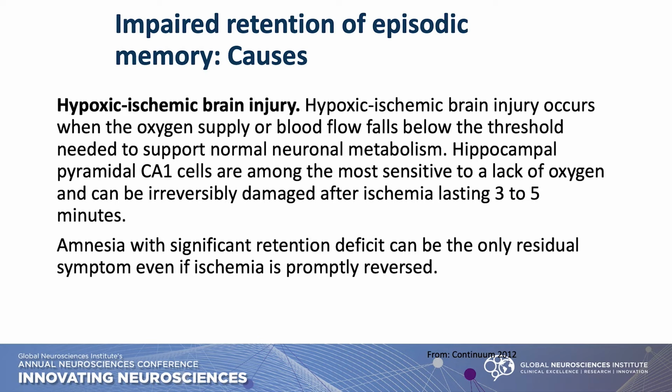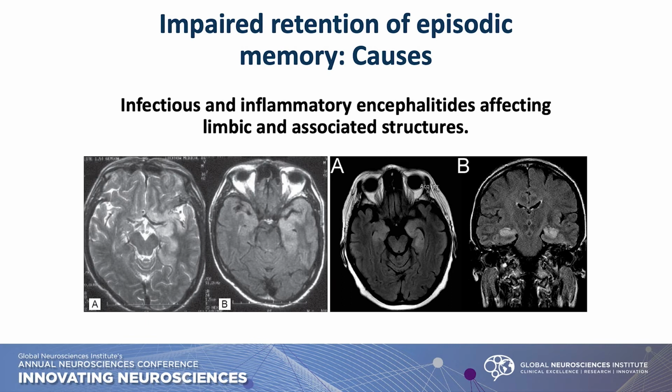There are other conditions that can also prefer, or at least initially prefer, that network. Certain infections, classically herpes simplex encephalitis, or inflammatory conditions such as autoimmune or paraneoplastic encephalitis, limbic encephalitis, can also present with this amnestic profile. But again, we can really intelligently come to the diagnosis only if we understand what the cognitive profile is and what the tempo of the disease is.